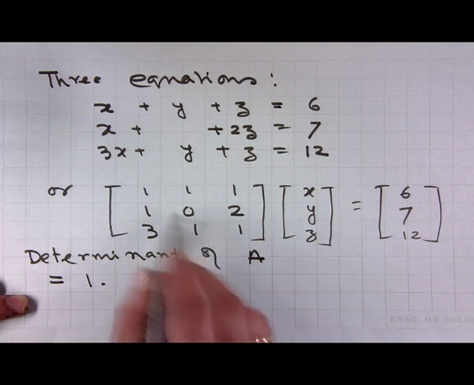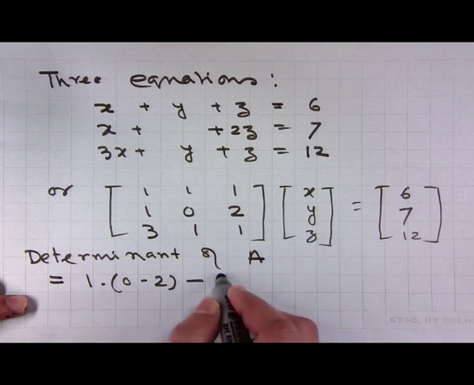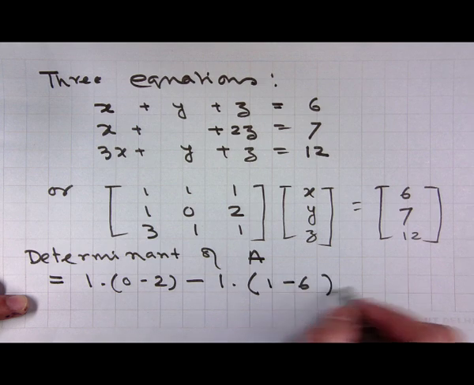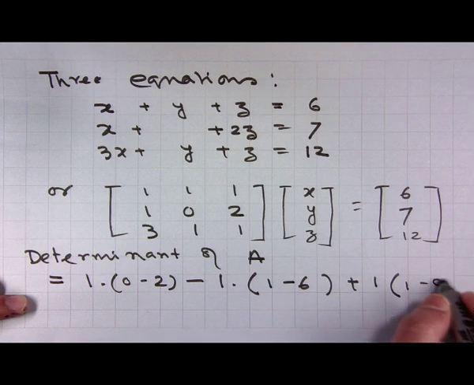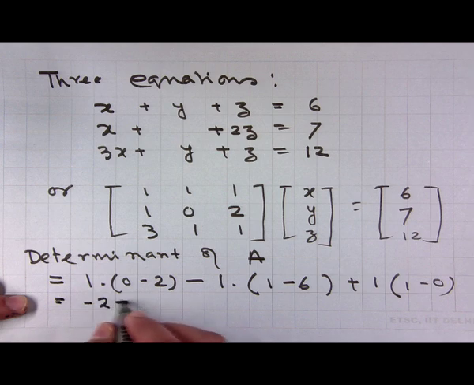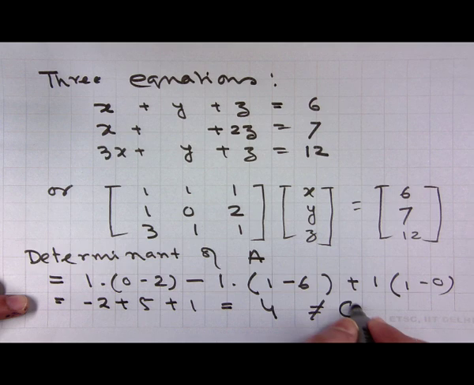One into 0 minus 2 minus 1 into 1 minus 6 plus 1 into 1 minus 0 is equal to minus 2 plus 5 plus 1 is equal to 4, not equal to 0.